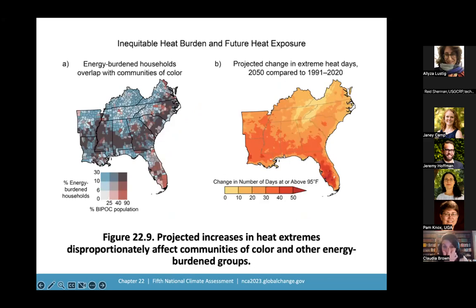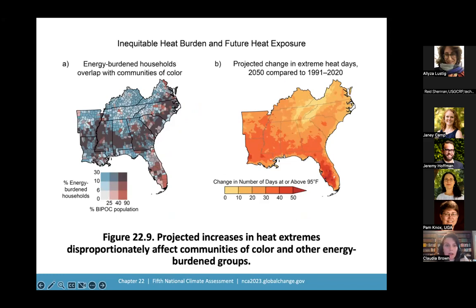And the present day inequities will be amplified and gaps widened by climate change. The map on the left is demonstrating how high energy bills disproportionately impact rural and under-resourced residents, elderly residents on fixed incomes, as well as communities of color. That purple color on the map is representing areas where there are a high percentage of the population that is Black, Indigenous, and/or people of color, referred to in the legend as BIPOC.